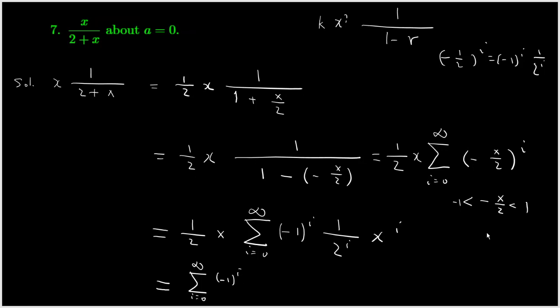Okay, so the series is kind of alternating series, and then inside you are going to have 1 over 2 to the power of i plus 1. So do you see how you get i plus 1? If you distribute 1/2 into all the terms, every term is 1 over i plus 1, right? And still you have x to the power of i plus 1. For the same reason we have seen before.